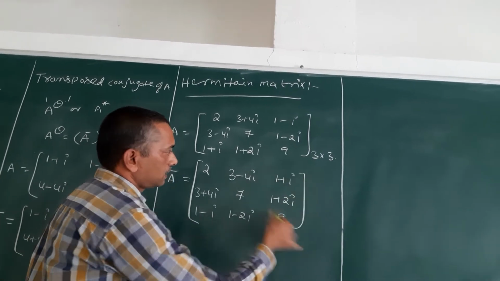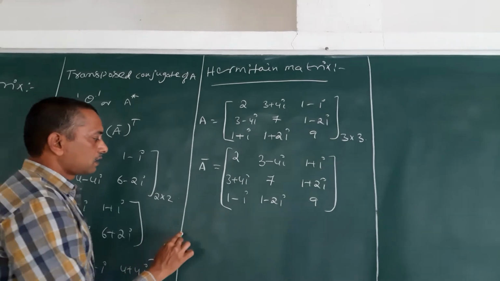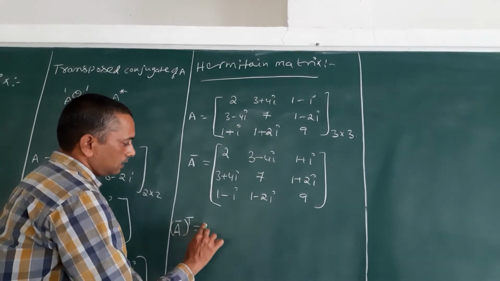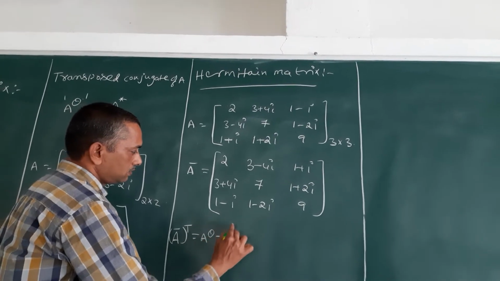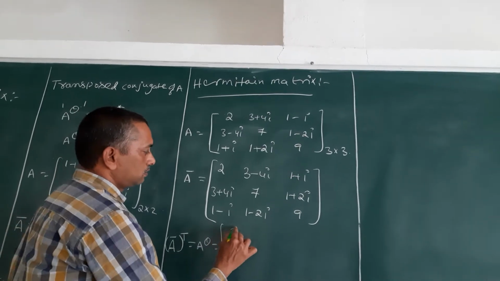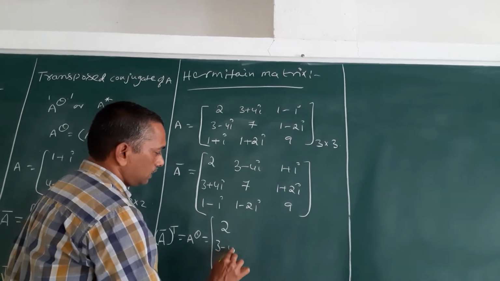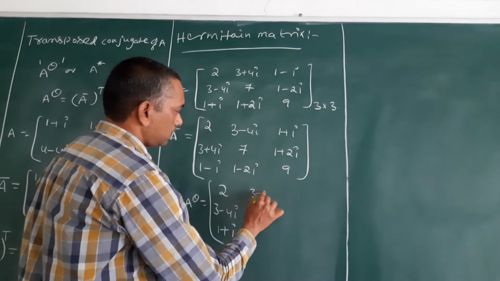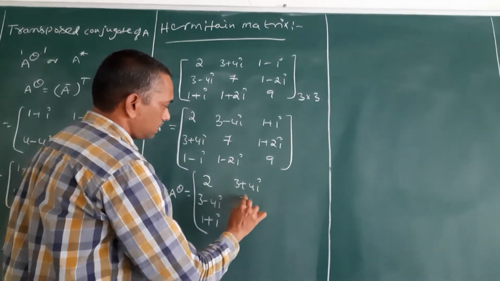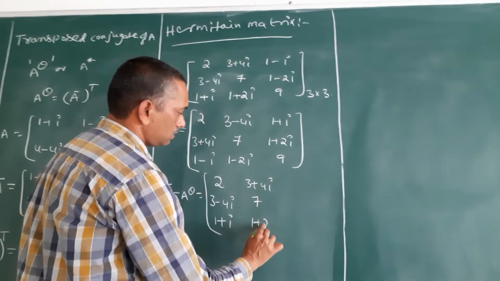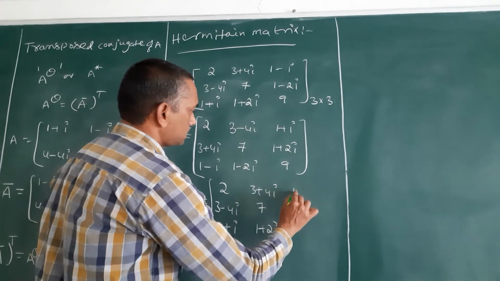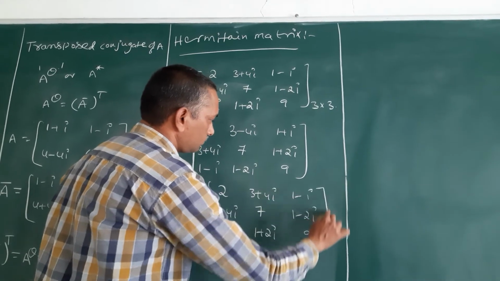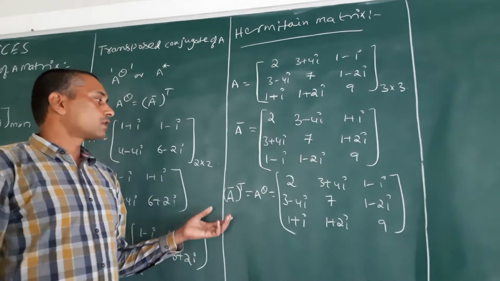This is the conjugate of A. The transposed conjugate of A equals [2, 3+4i, 1-i; 3-4i, 7, 1-2i; 1+i, 1+2i, 9]. This is the transposed conjugate of A.